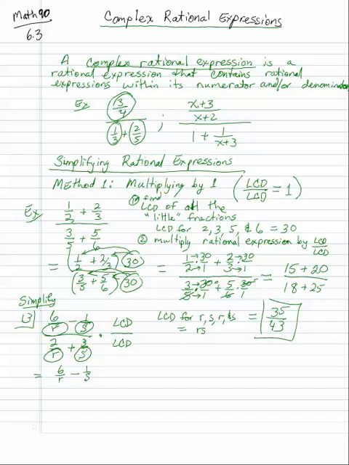Normally I don't rewrite it. I'll put RS right here where the LCD is and RS right there, times RS divided by RS.